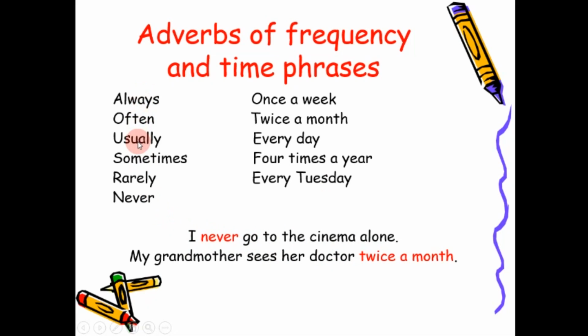After the subject and before the verb, we put adverbs of frequency, or after verb to be. My grandmother sees her doctor twice a month. Twice means 2 times.